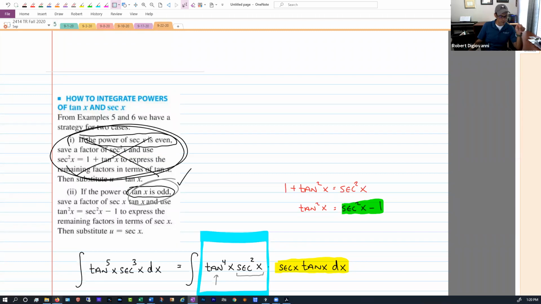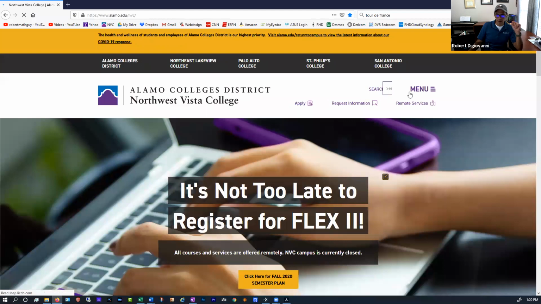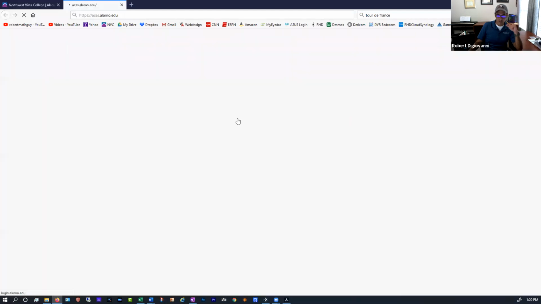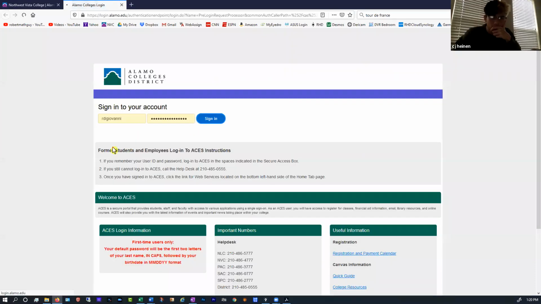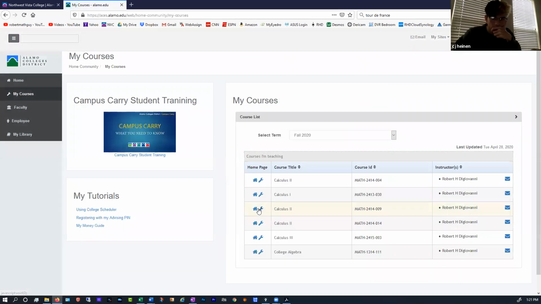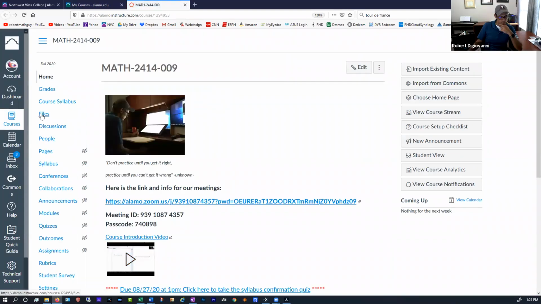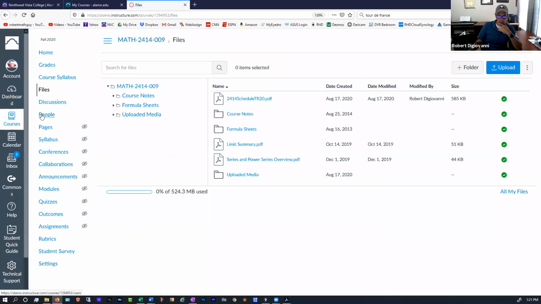If we go to Canvas, under files, let me just go to it real quick. If you go to files, this looks a little different than it will for you.